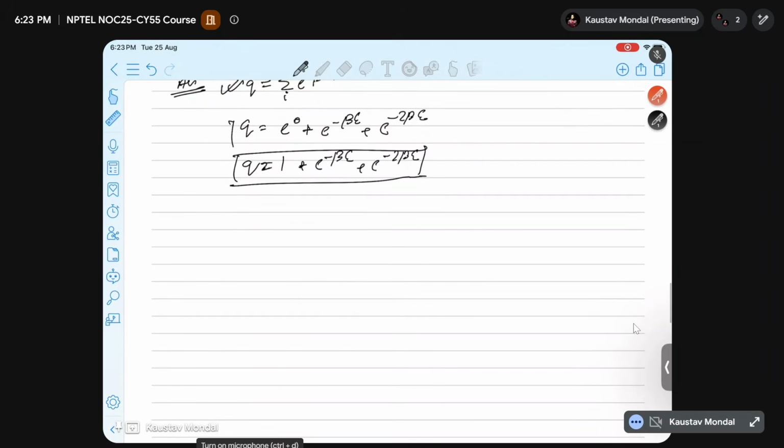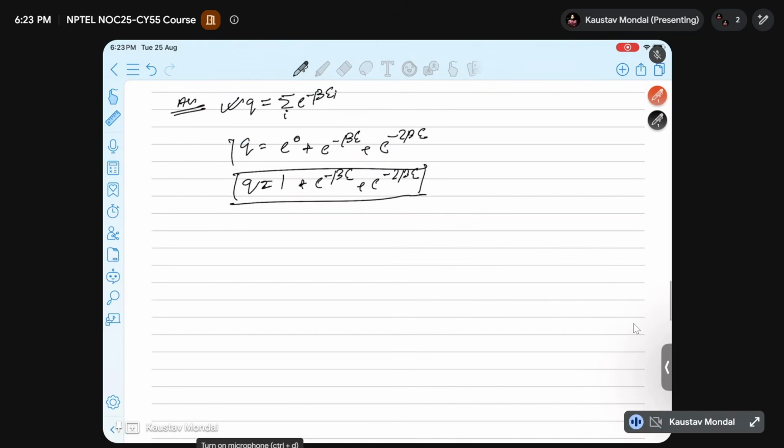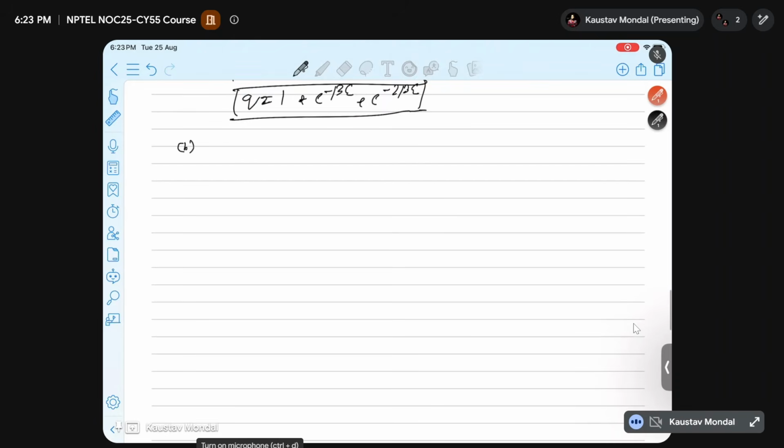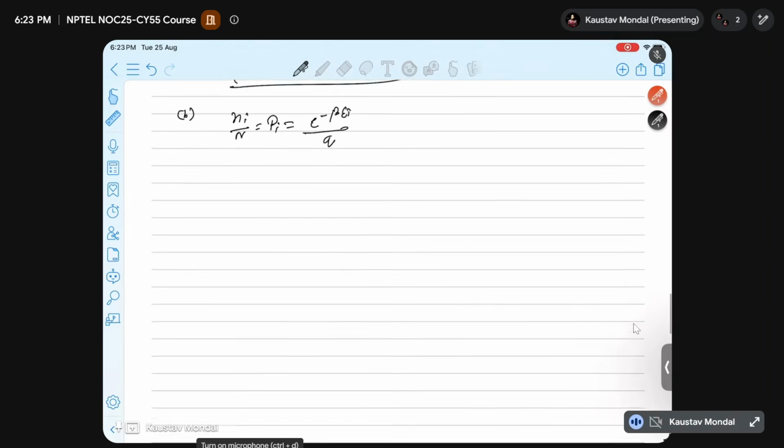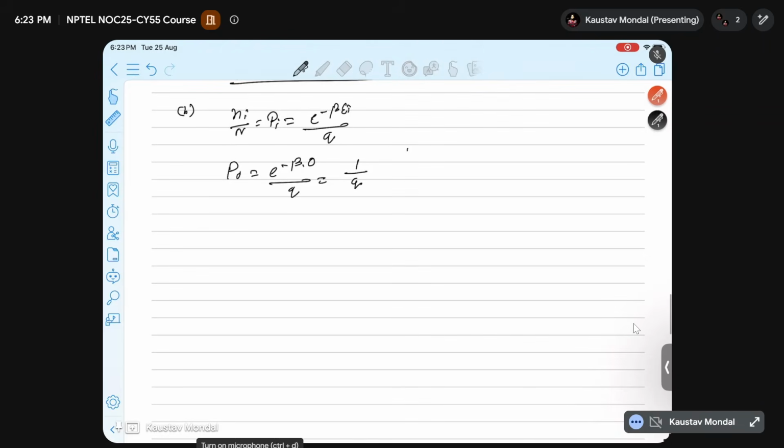So we know the probability is related to n_i by N. That is the probability of the i-th level, which is nothing but e to the power minus beta E_i divided by Q. So for the ground state, P0 is e to the power beta into 0 by Q, so 1 by Q. P1 is e to the power minus beta E by Q, and P2 is e to the power minus 2 beta E by Q.